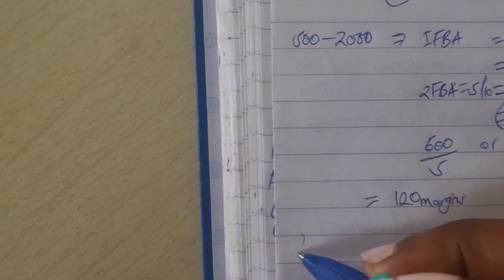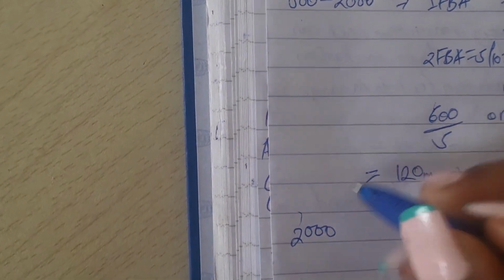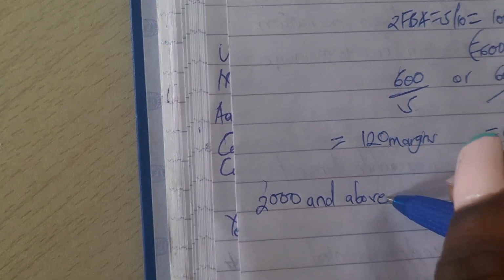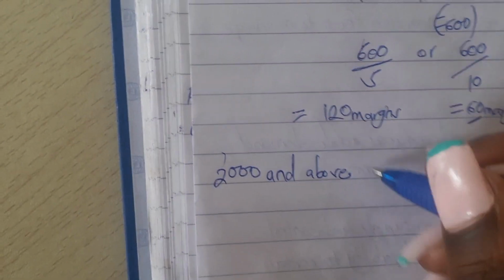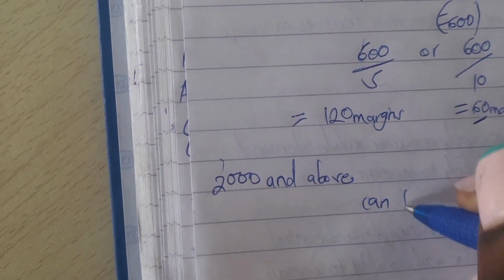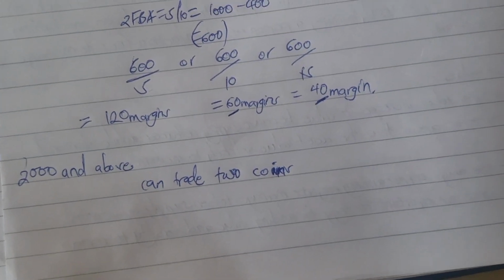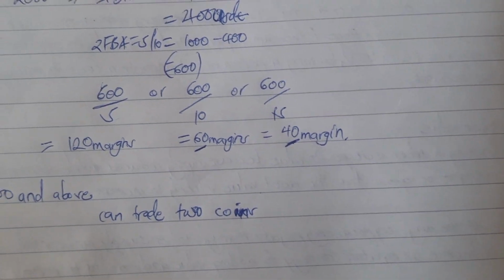So, for people with 2,000 dollars and above, they can trade two coins. For people with 2,000, you can put 1,000 in each coin, but you can still trade one coin, which is safer. If the market is good, you can put 1,000 per coin.